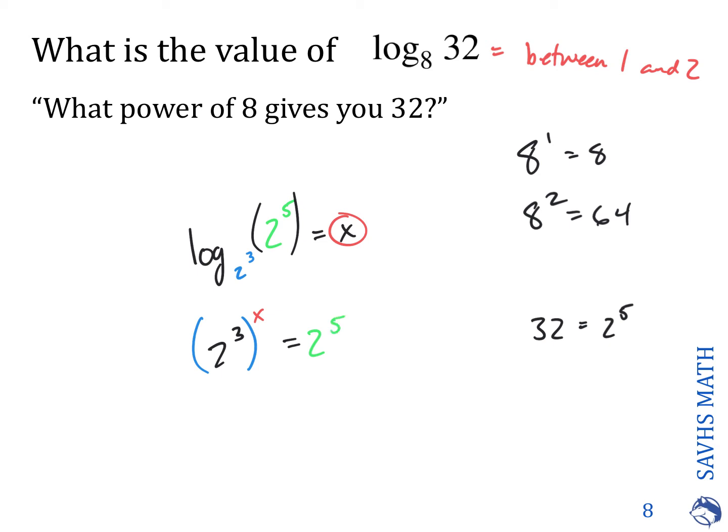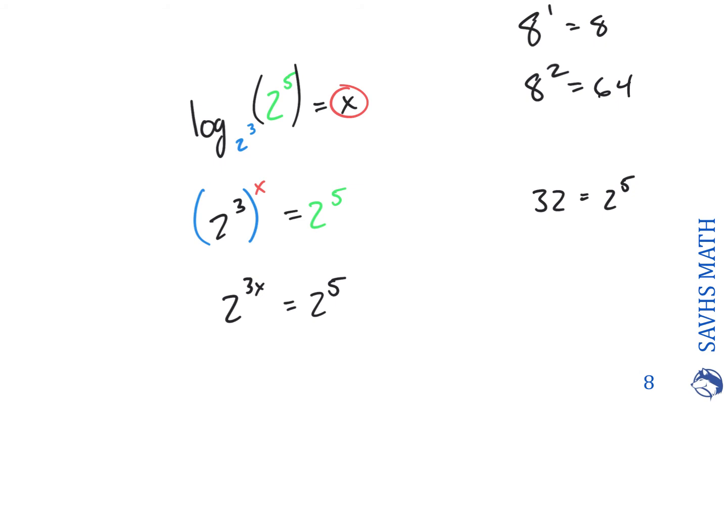And so now I should be able to use exponent properties to solve this equation, because what I see here is 2 to the 3 to the x is the same as 2 to the 3x equals 2 to the 5. And so now if I know 2 to the 3x equals 2 to the 5, then I better be able to say that 3x equals 5. Because these exponents had better match because the bases already match.